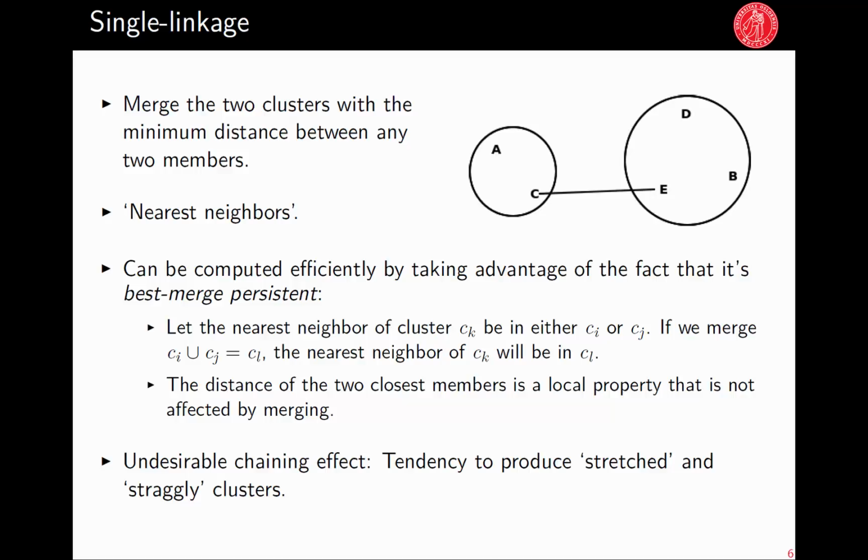What that means is, if we know that a given cluster has its nearest neighbor in some other cluster X, and we merge that cluster X with some other cluster Y, we know that the closest cluster for this initial cluster will still be this merged cluster with X as a component, because these nearest neighbor relations persist after a merge.